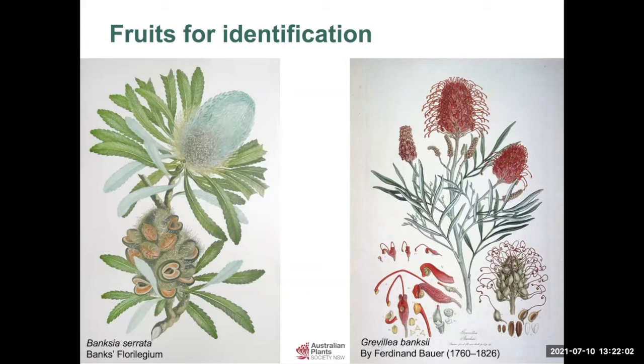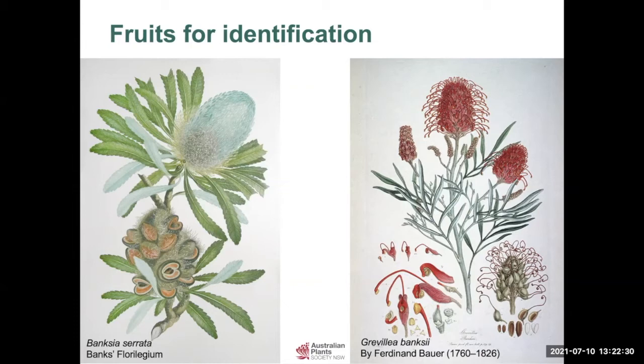Back when Joseph Banks was collecting plants in Australia and the artists were making drawings, you can see how in this example of Banksia serrata, they drew not only the flower, but also the flower spike. You can see the woody follicles there, and some of them are open. So they're illustrating all the important parts of the plant in that particular drawing.